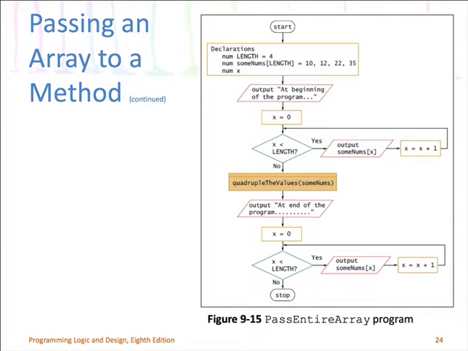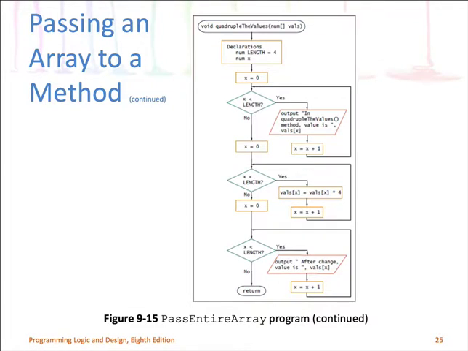So I don't see that it's actually quadrupling it, but it is passing 4 values in. So basically what we're doing here is we're going through looking at the length, and we're outputting the values, and then we're multiplying them by 4 and then outputting them again. So that was actually not the code. It was just calling the quadruple the values.